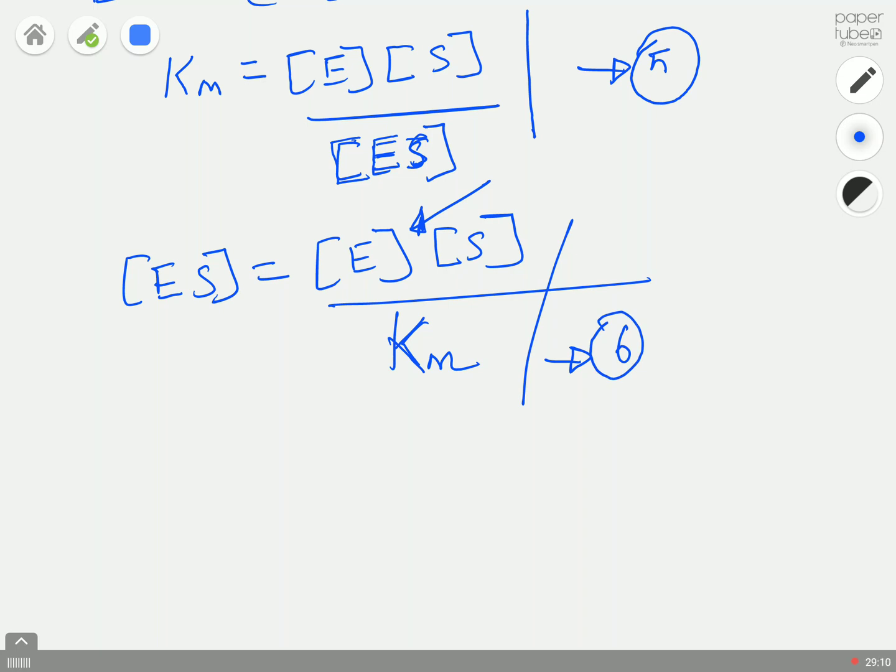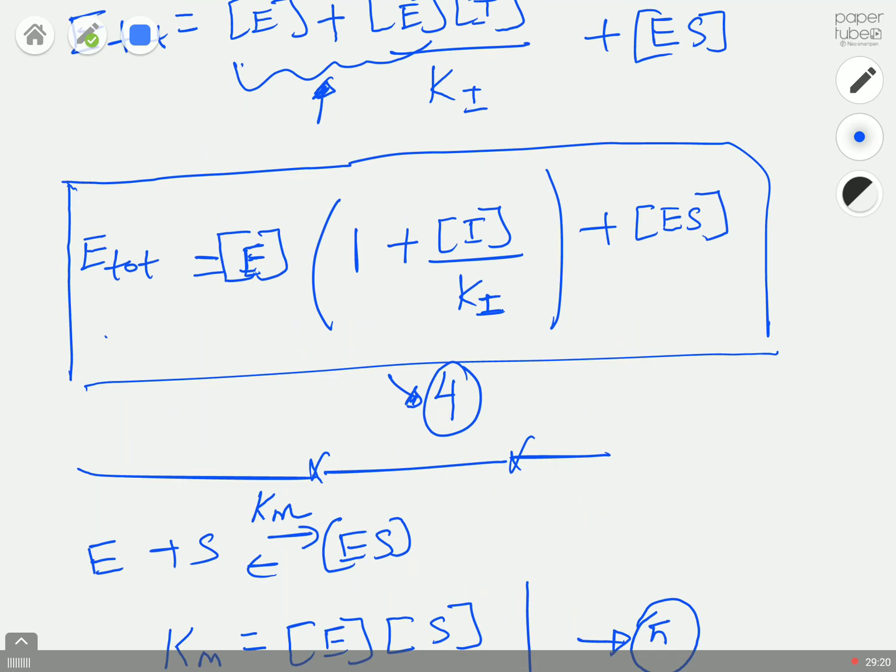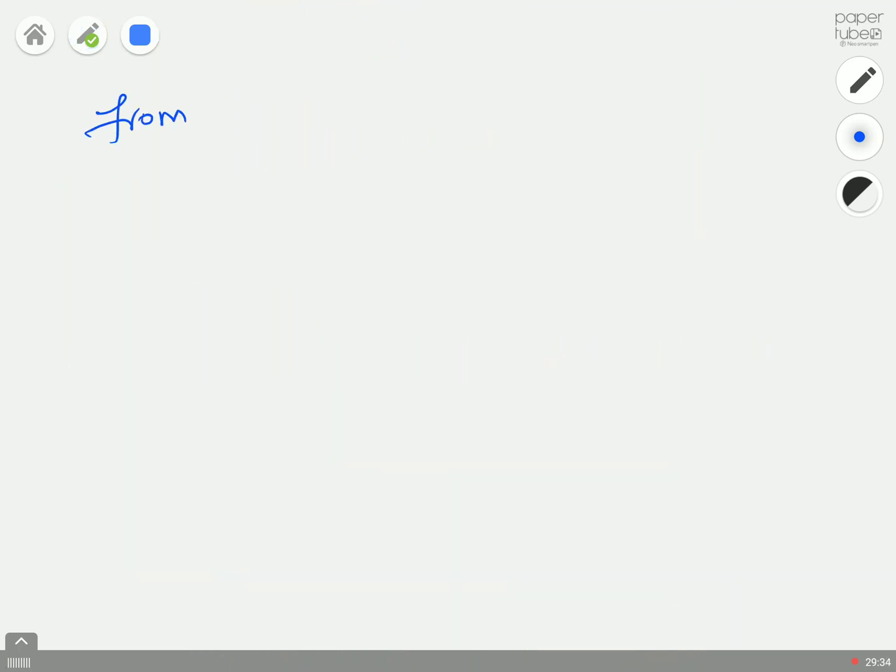So if we go back to equation 4, let's try to get the concentration of enzyme from equation 4. I know I'm taking an extra bit of time, but I don't want to make any mistake while deriving this expression.